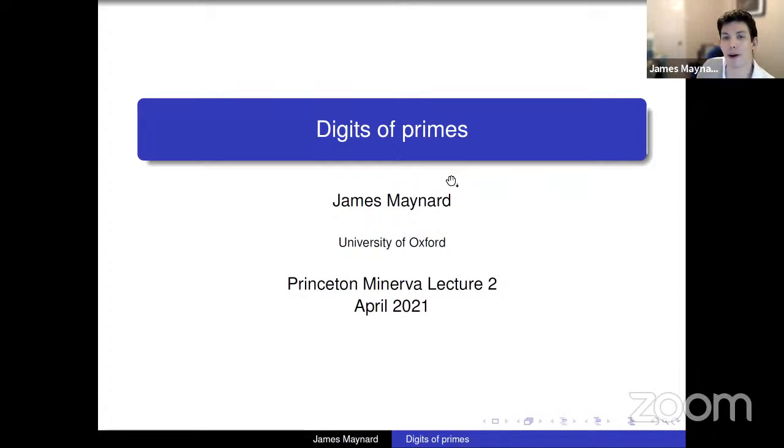So I'd like to talk about digits of primes, but maybe I should mention beforehand that the work that I'm going to talk about today is closely related to and partially inspired by some work of Jean Bourgain, also on digits of primes, which predated my work.